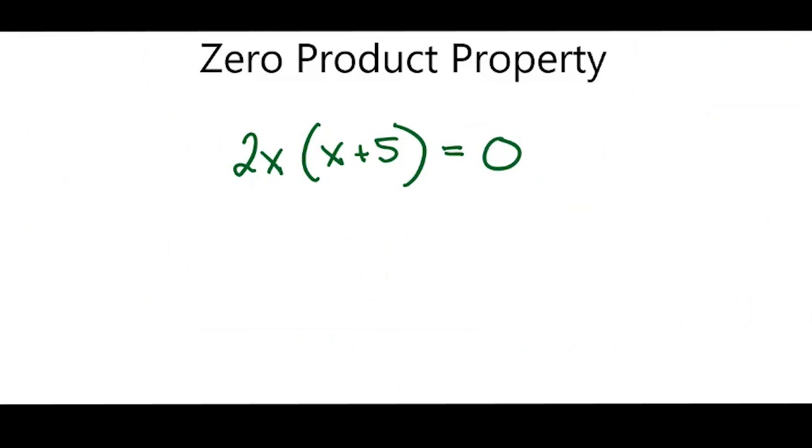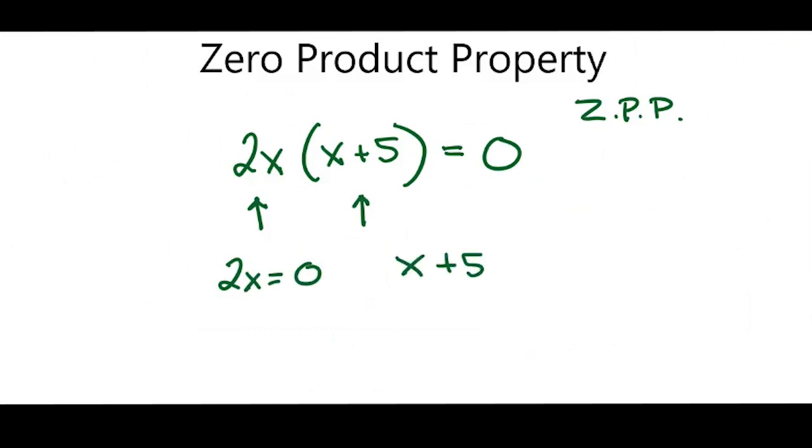So let's say that we have 2x times (x plus 5). So for this one, we are going to use the zero product property. Remember that each factor has to be set equal to 0. So we have 2x equals 0 and x plus 5 equals 0.